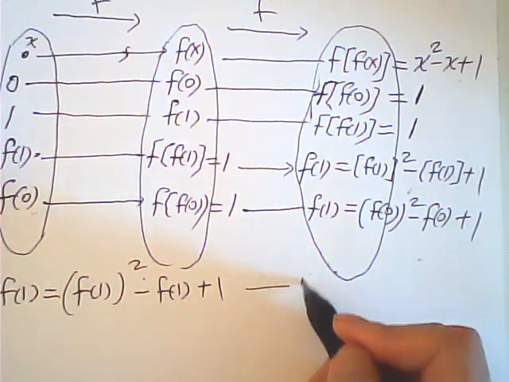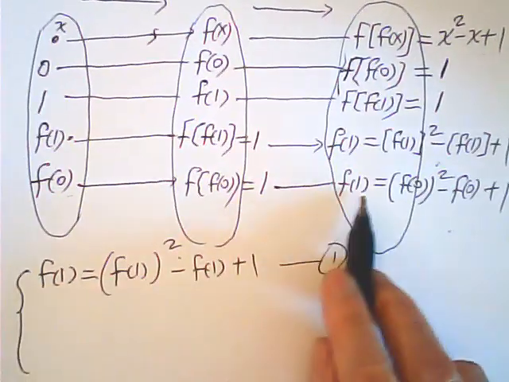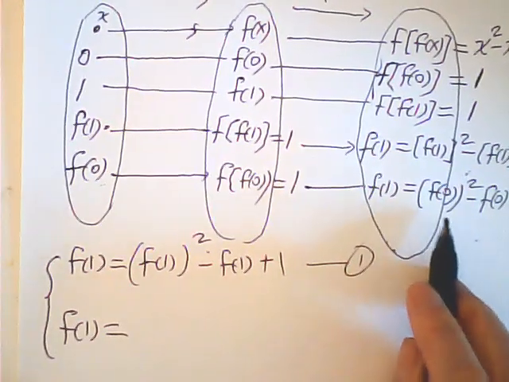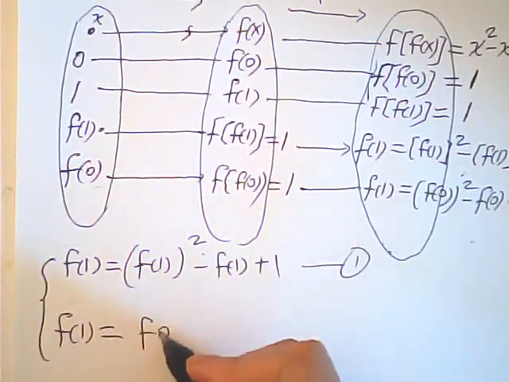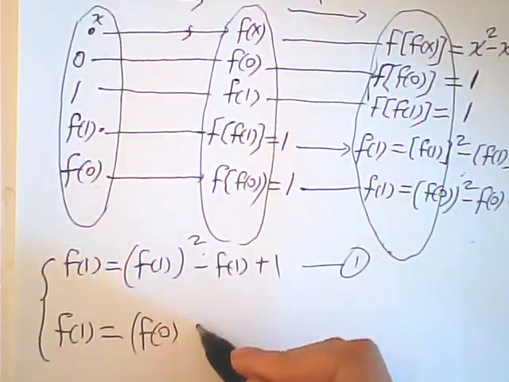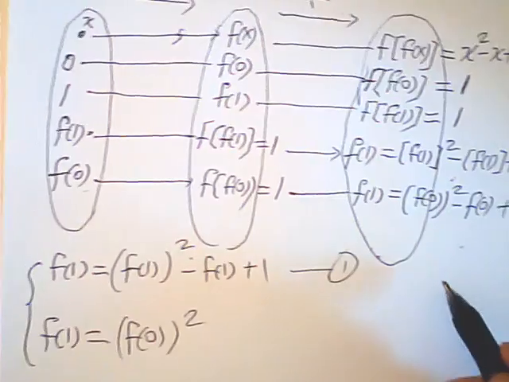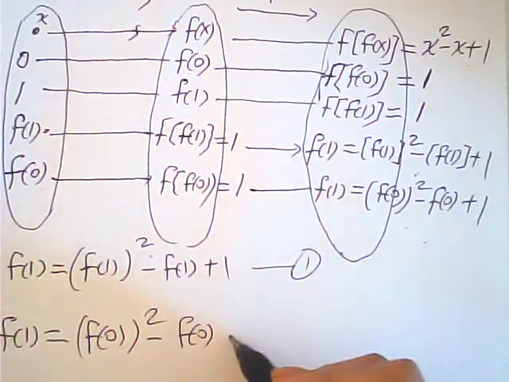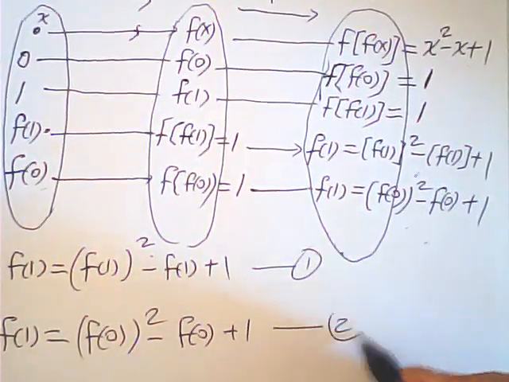Right? That's equation 1. The second equation is that f(1) is equal to f(f(0)) squared minus f(f(0)) plus 1. That's equation 2.